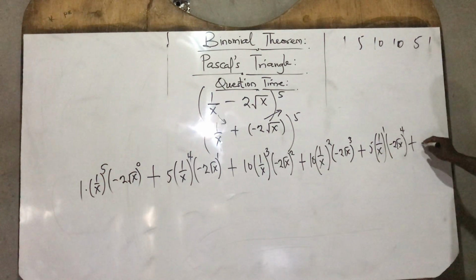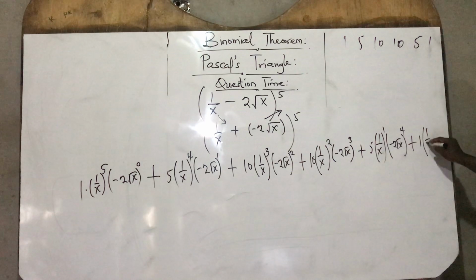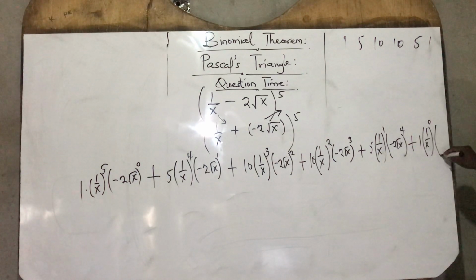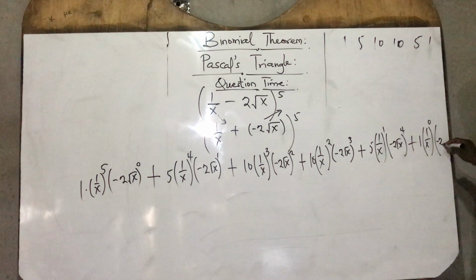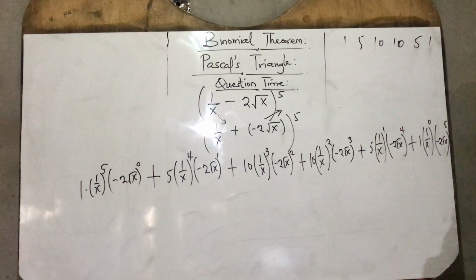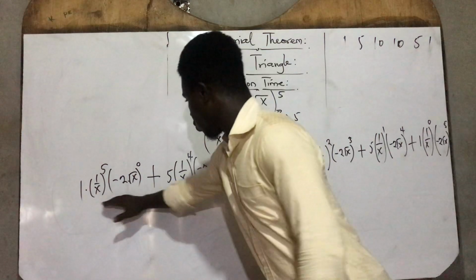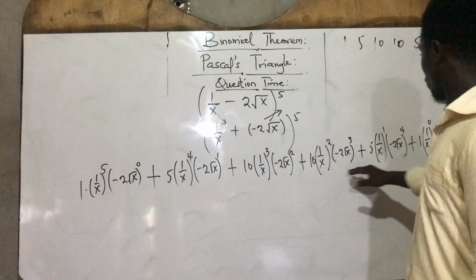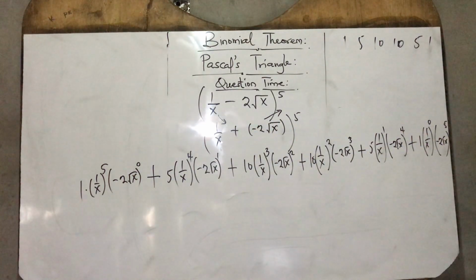Then plus 1 on x to the power 0, then minus 2 root x to the power 5. So how many terms? 1, 2, 3, 4, 5, 6. It's very, very simple.